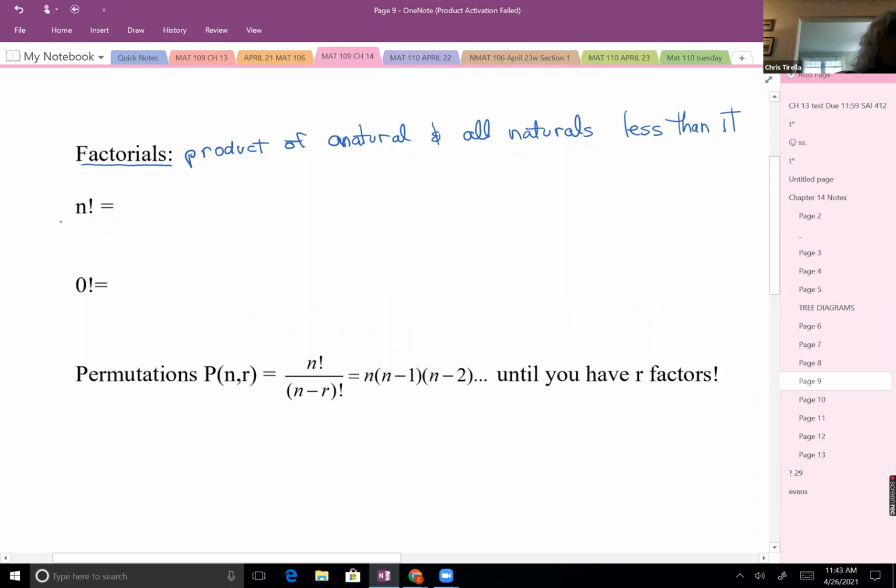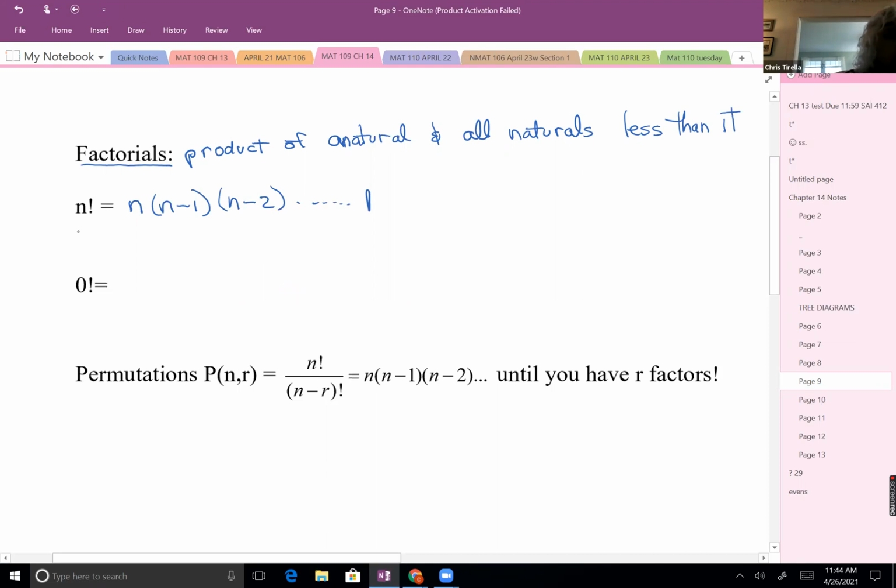Factorials are shown with exclamation points. And so n factorial means I'm going to take that first number n, then multiply it by the number 1 less than that, and then the number 1 less than that, and I'll keep multiplying until I get down to 1.